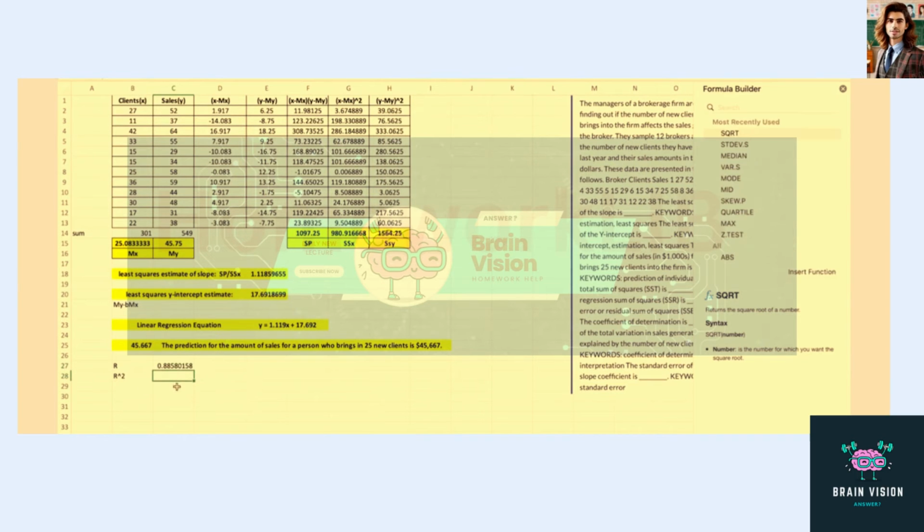Then to get r squared, the coefficient of determination, you are going to square that. So that's your two answers too.